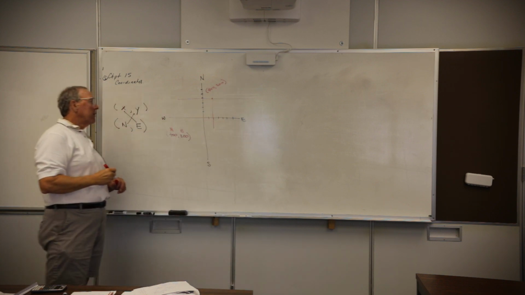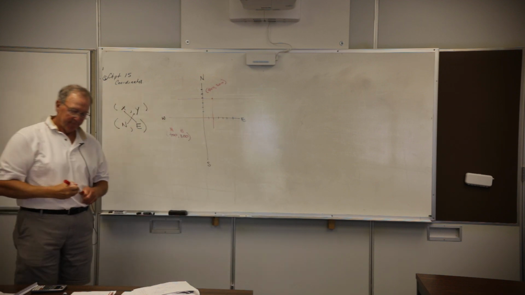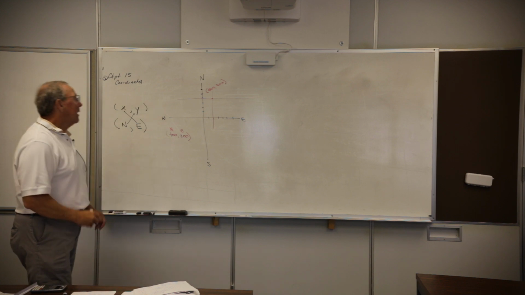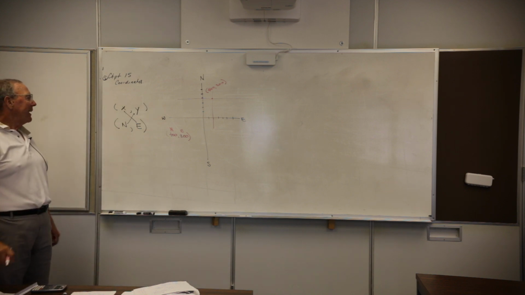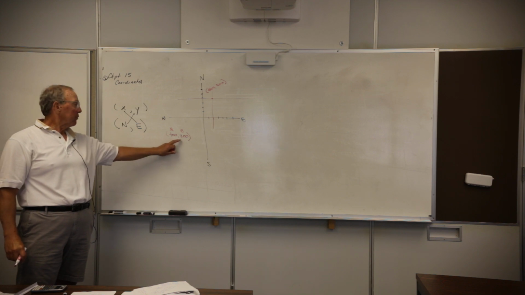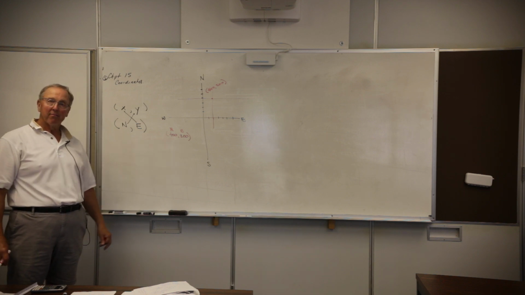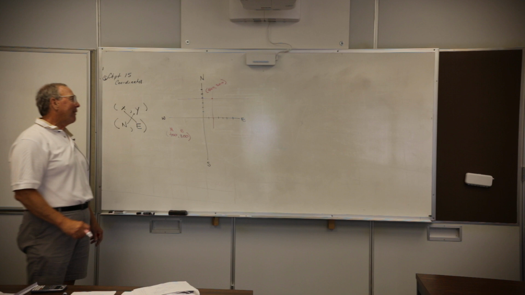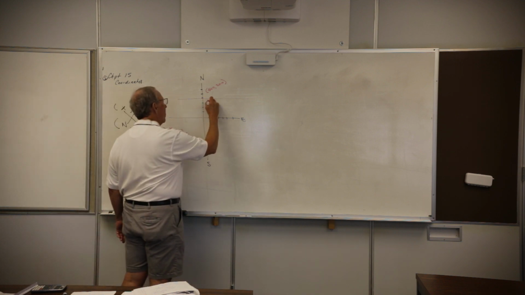And it's going to be 400, 200. Okay? So all we got to do is plot them. Of course, if this was a negative, it would be south. If this was a negative, it would be west. Okay, so that's how I determine a point.